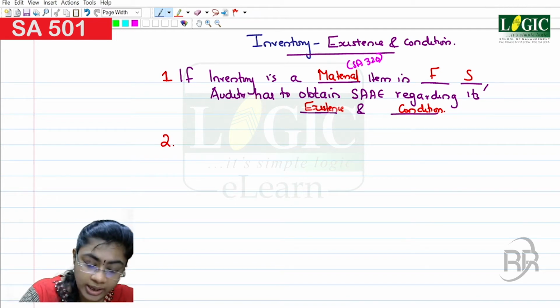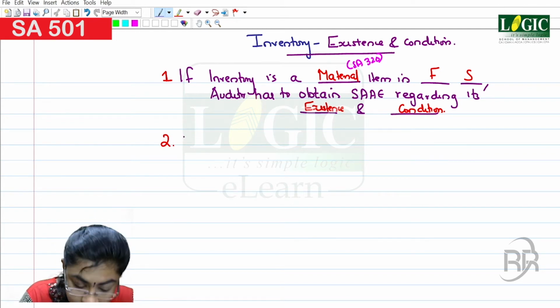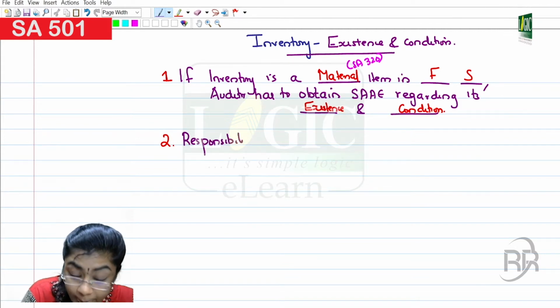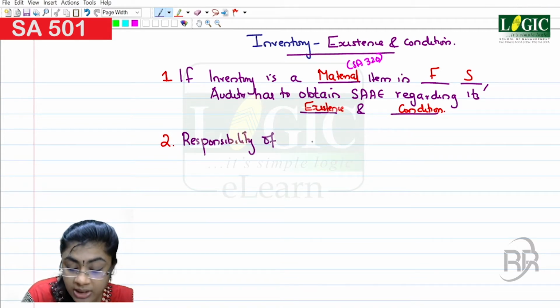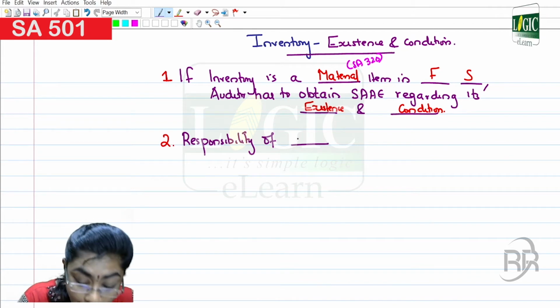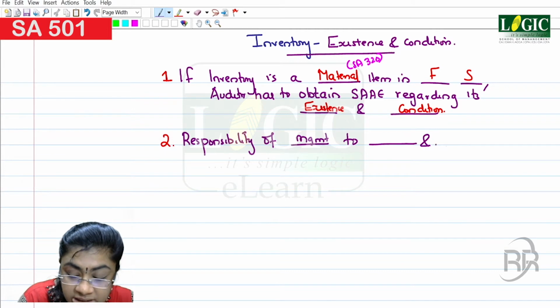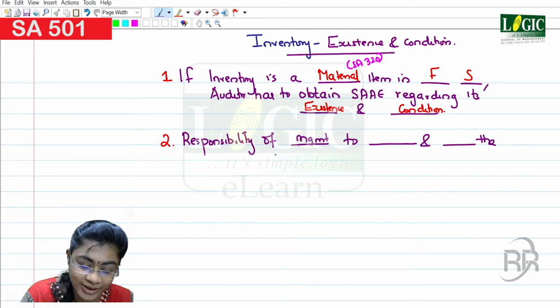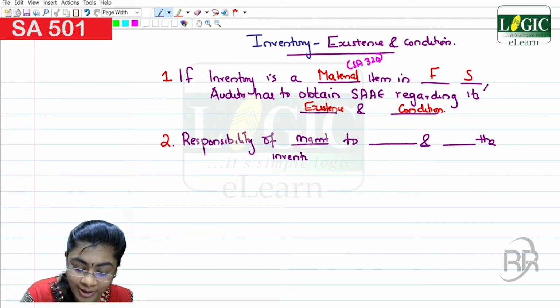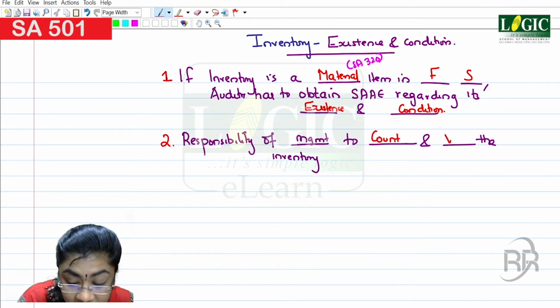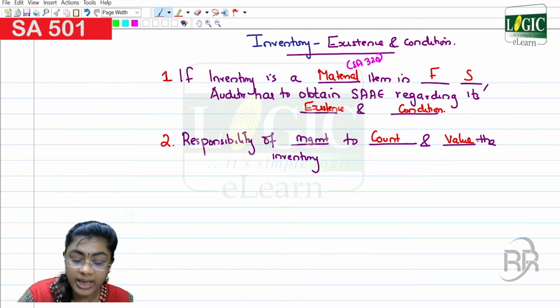So, the second point is, it is the primary responsibility of management to count and value the inventory. Come on. To count and value the inventory.